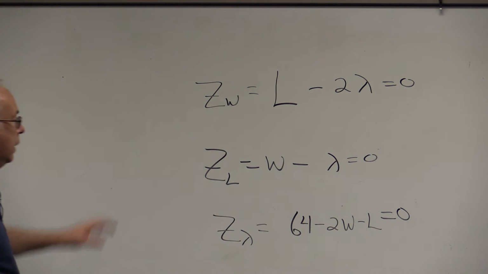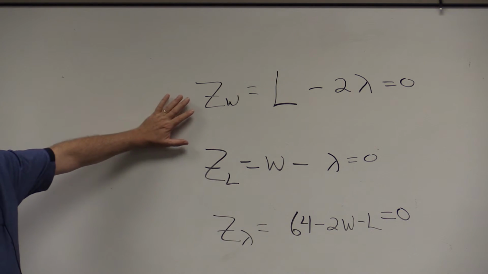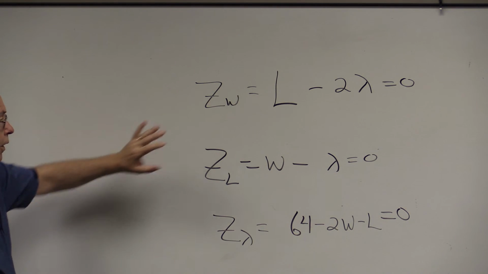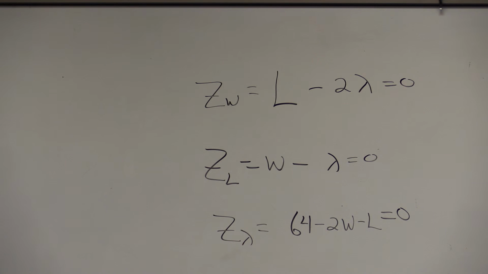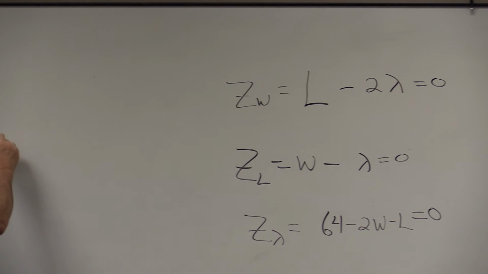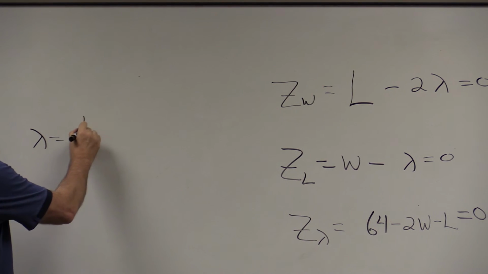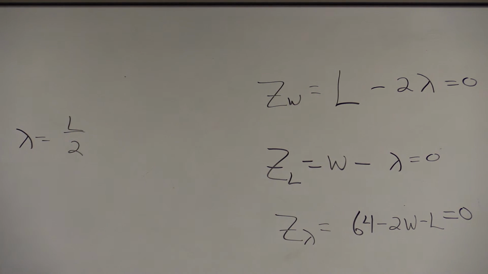Now, the easiest way to do this is to take these two first order conditions and solve for lambda. From the first one, I get lambda equals L divided by 2.